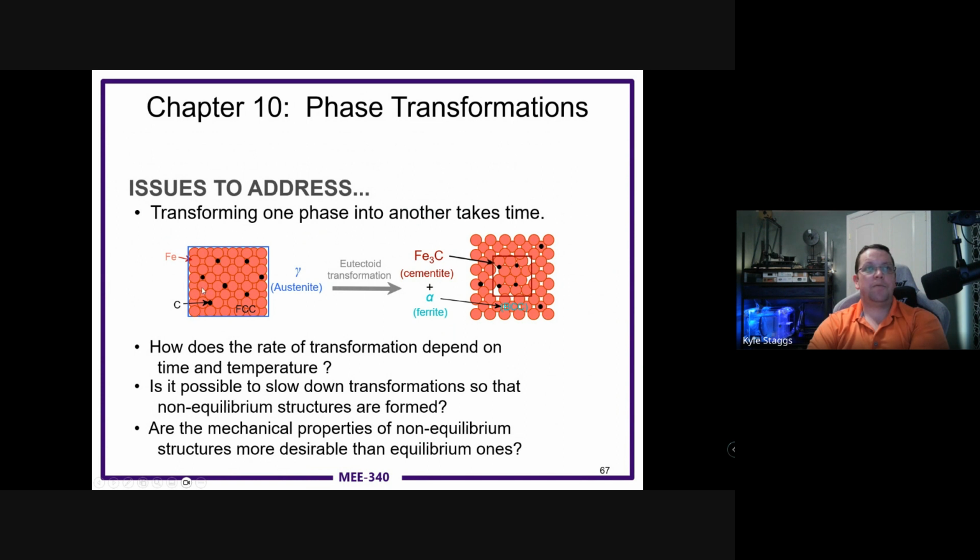Think about the process as you're going through, for instance, the eutectoid transformation. At the higher temperature, face-centered cubic, everything is packed all together. It's spreading out a little bit molecularly, so it allows some level of diffusion for cementite and ferrite. The cementite has some carbon in it, the ferrite does not.